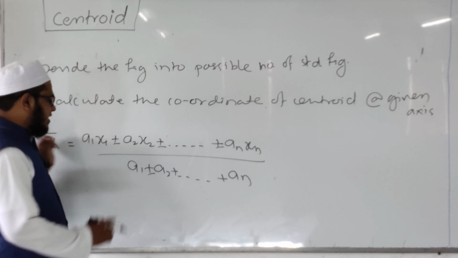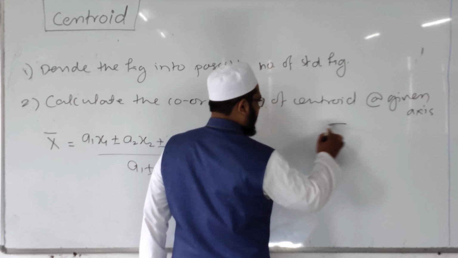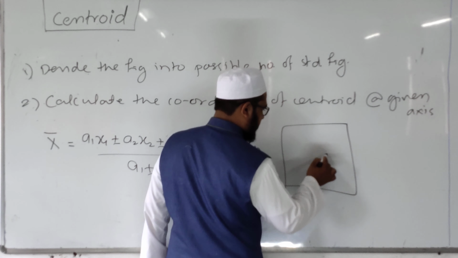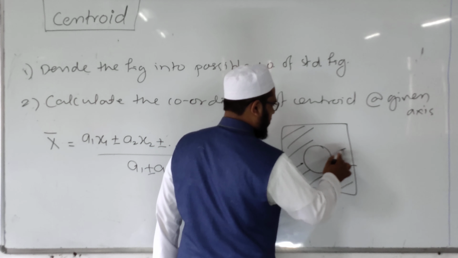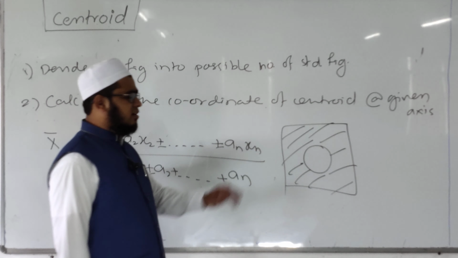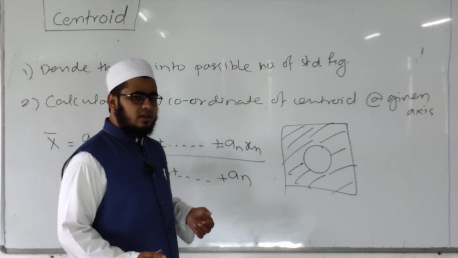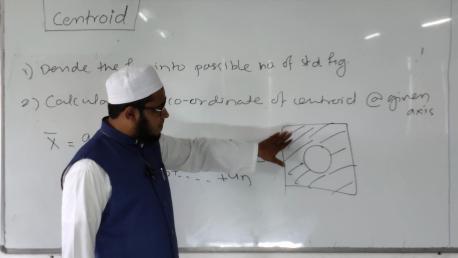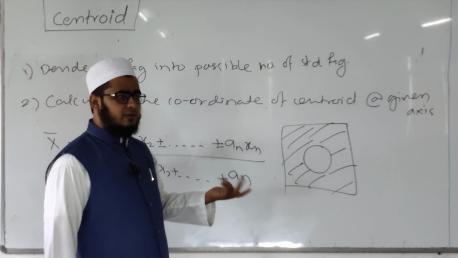The plus or minus sign depends on the mass. In some problems, the figure may be like this: a plate with a circular hole. Then for this irregular figure, we have to find the centroid. We will divide this irregular figure into standard figures. Very easy.